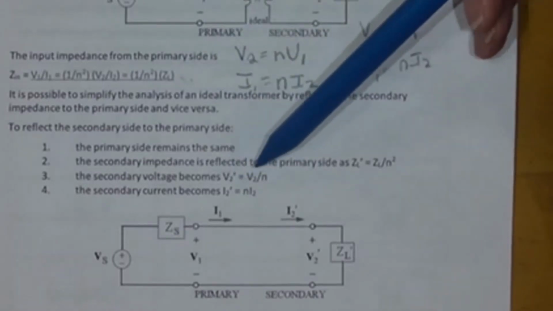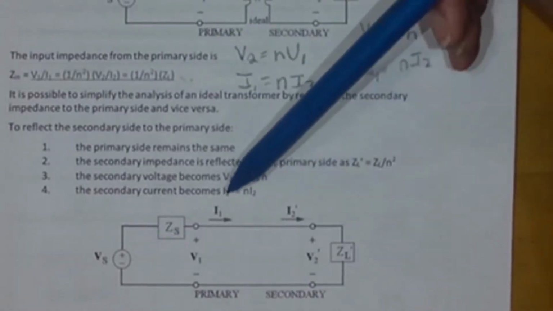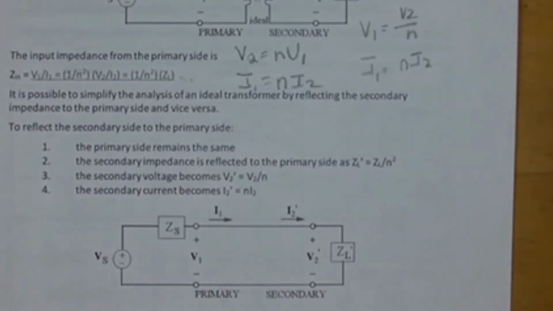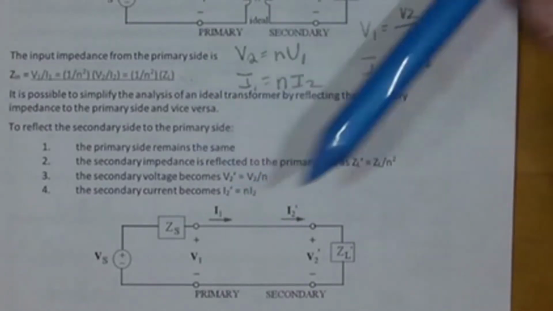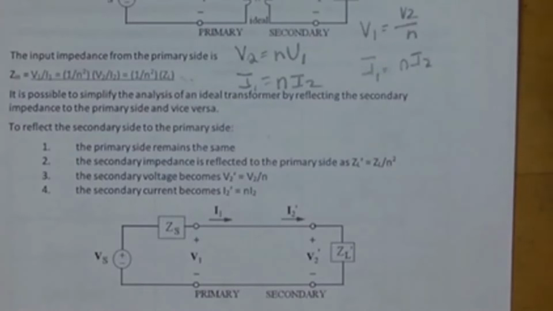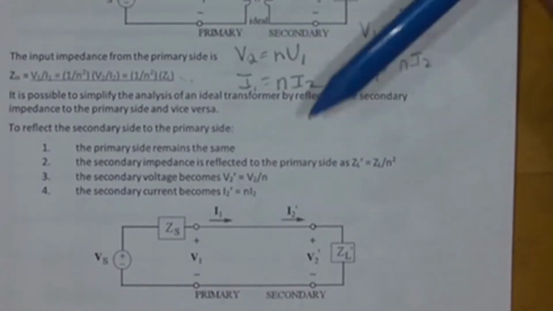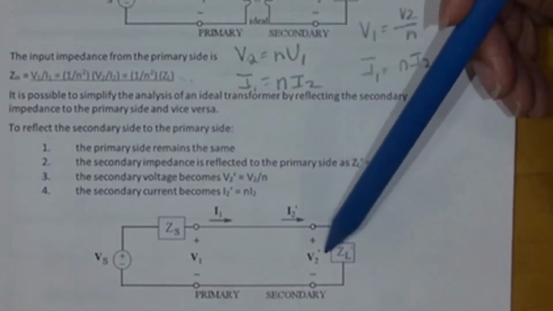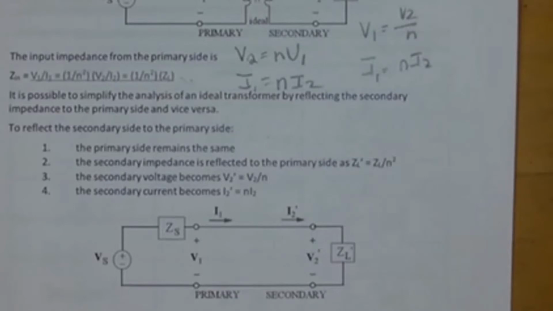And the voltage V2 prime equals V2 over N, and I2 prime equals N times I2. The prime just means I'm taking something on the secondary side and reflecting it to the primary side. So here's the same circuit that I have up here, except now ZL prime and V2 prime have been simplified to make a loop circuit because it's easier to analyze.